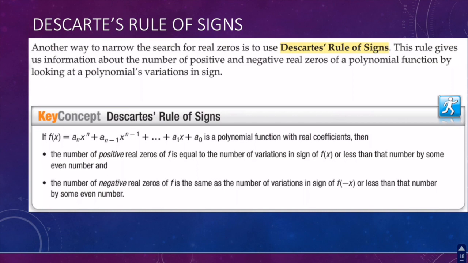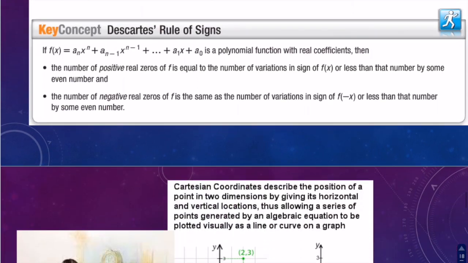Now what we're talking about here is real zeros, including rational and irrational zeros. And so Descartes' rule of signs does a good job of identifying real zeros, both rational and irrational.